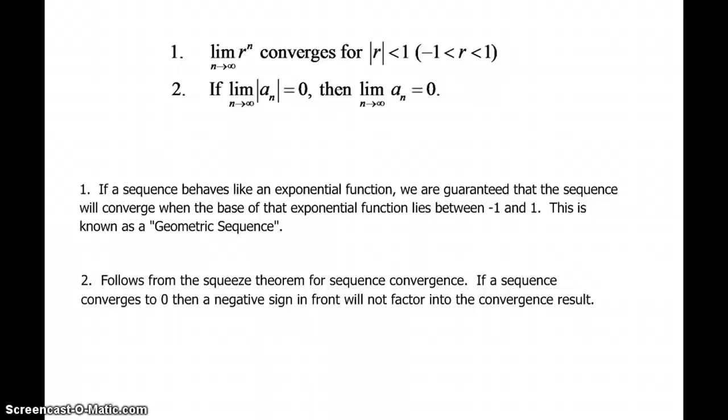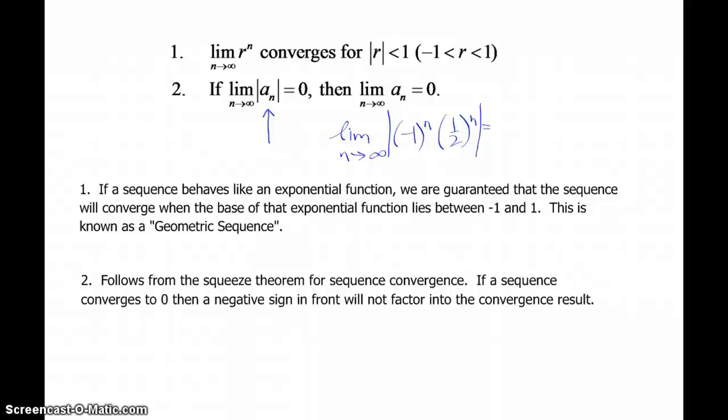The second thing here says if we run the limit of an nth term of a sequence, we don't care if it's positive or negative. If a sub n is -1 to the n times 1/2 to the n, then I don't care what the actual sign is on each particular element.